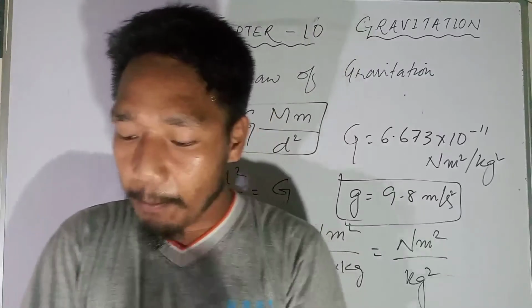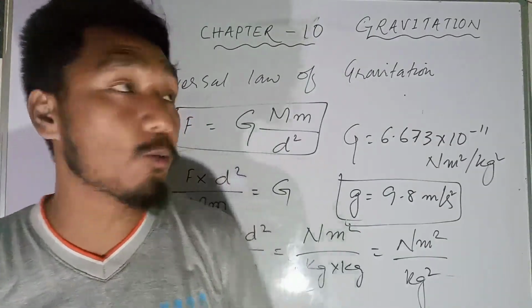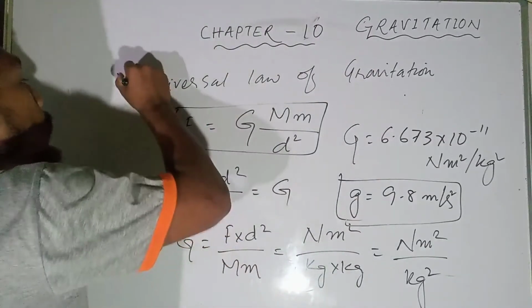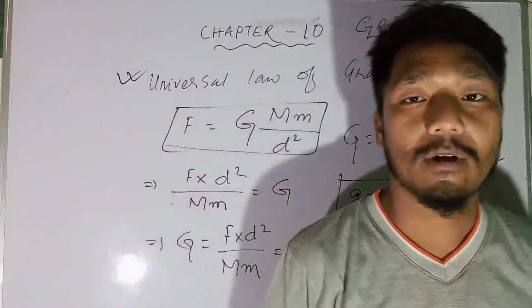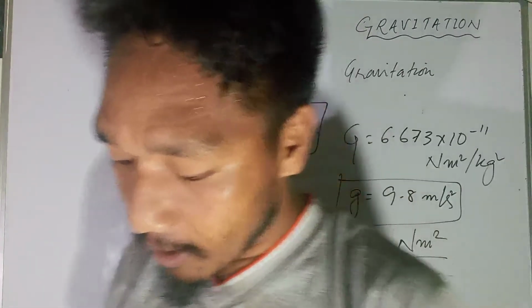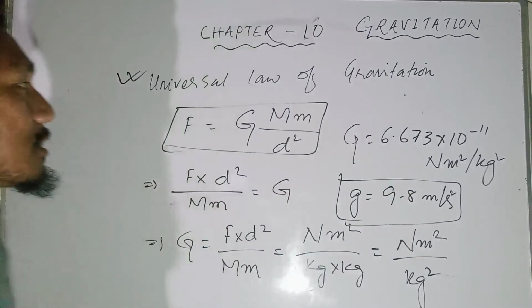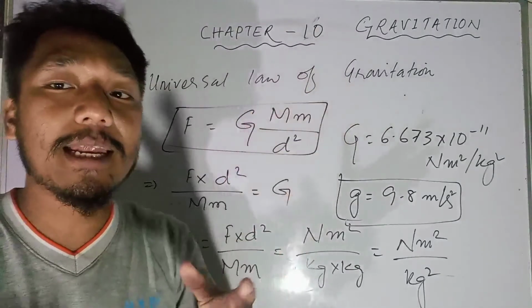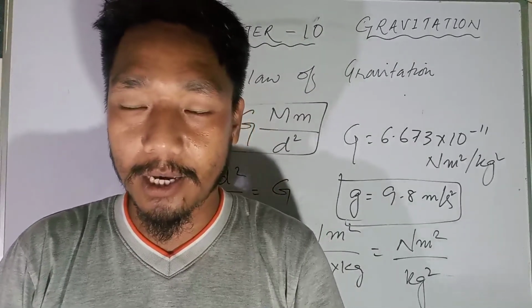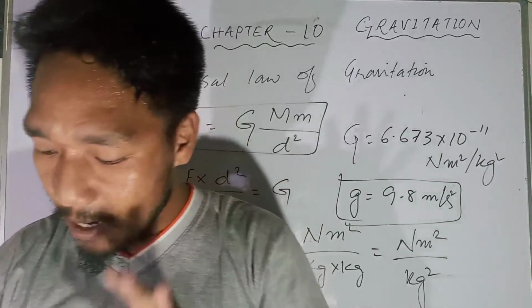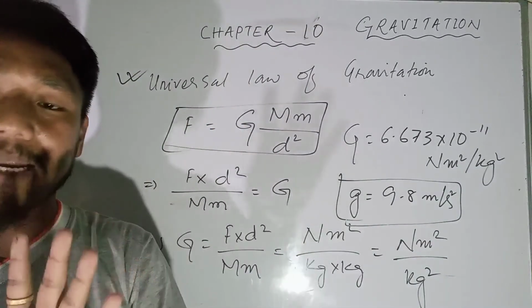That is, the importance of the universal law of gravitation. What is the importance of this? The first importance is the force of gravitation that binds us to the earth.